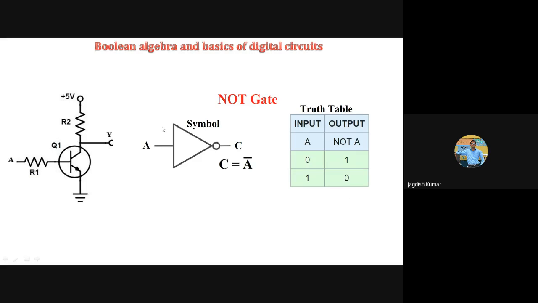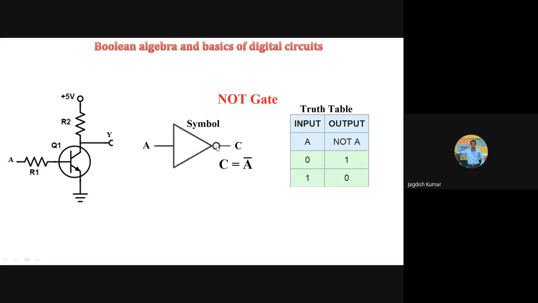And then there is something called the symbol for a gate. For the NOT gate, the symbol is this particular symbol: a triangle with a dot at the end. In some cases, the triangle is even removed or ignored; even a dot is sufficient.